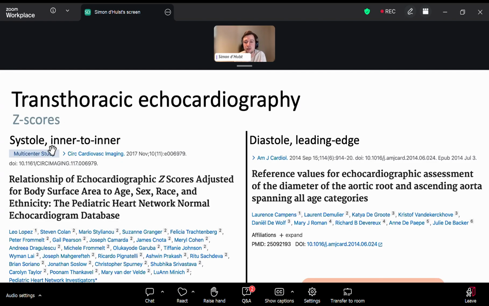In addition, during transition to adult care, measuring the aorta and z-scores according to adult methods as well as the pediatric ones may be useful to facilitate the transition to adult care and make sure that they have some previous values according to their methods as well.